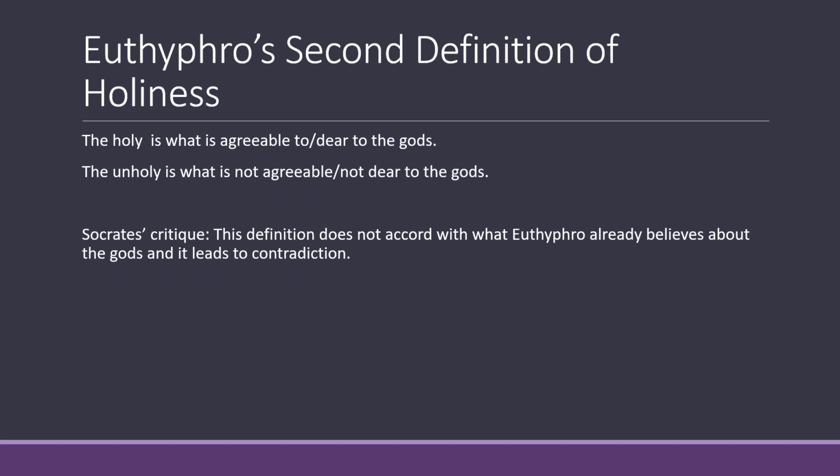What Socrates does is appeal to other things that he and Euthyphro accept as being true. In this case, what Socrates appeals to is Euthyphro's belief about the gods and about the ancient Greek pantheon.